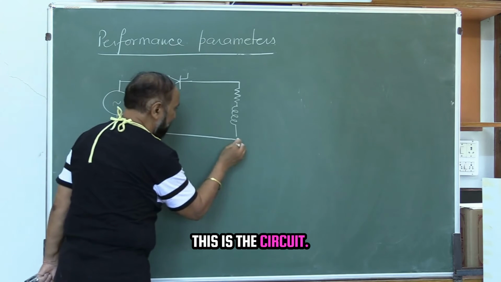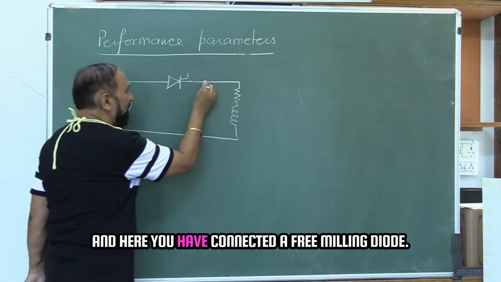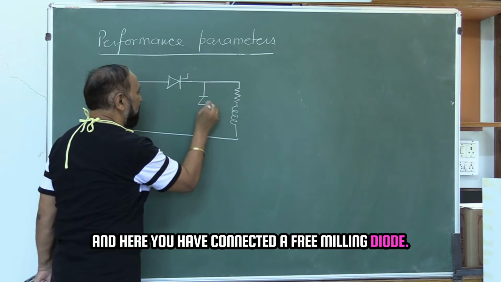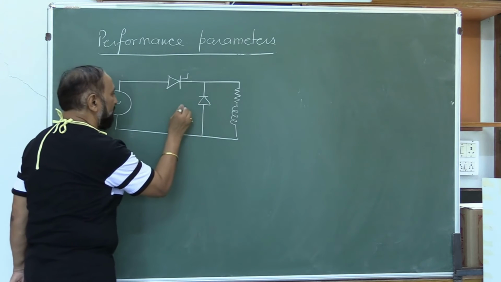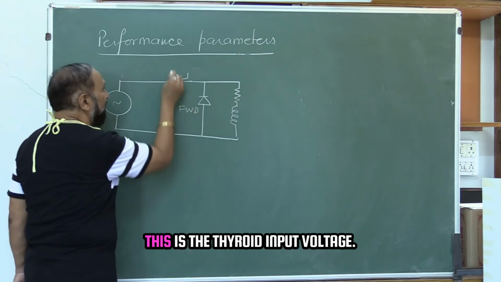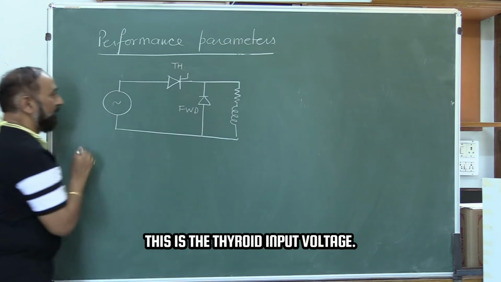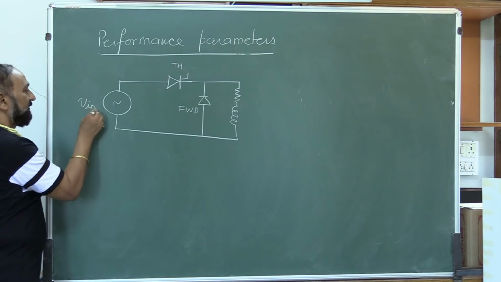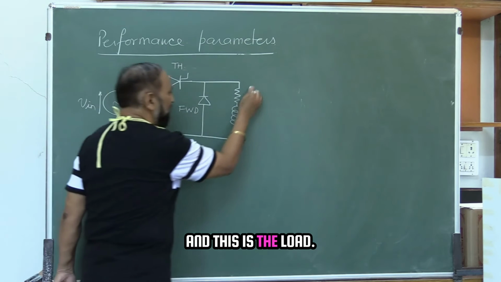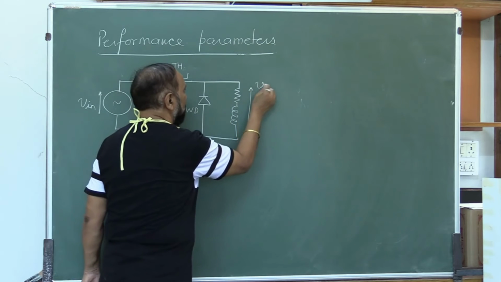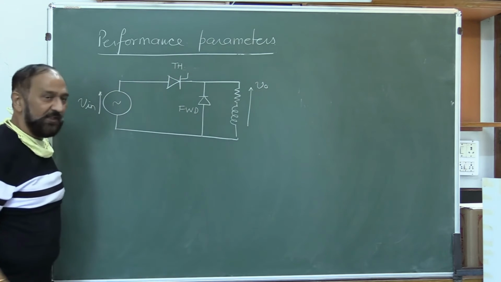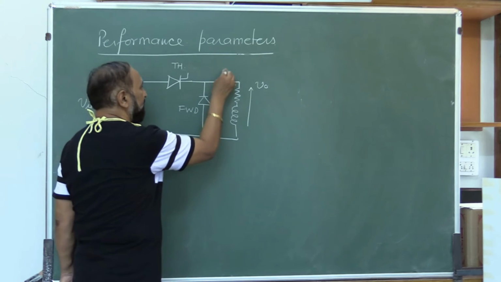This is the circuit, and here you have connected a freewheeling diode. This is the thyristor, input voltage, and this is the load. This is the load current.